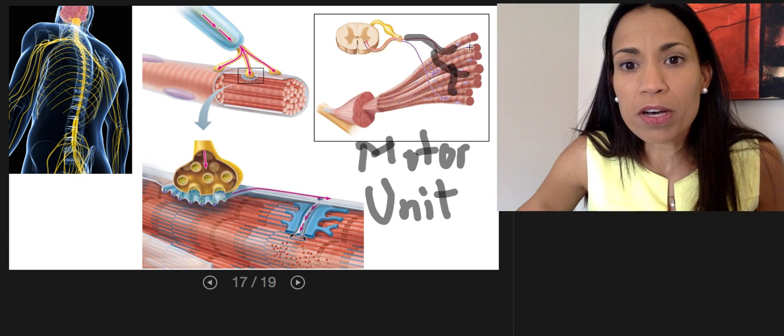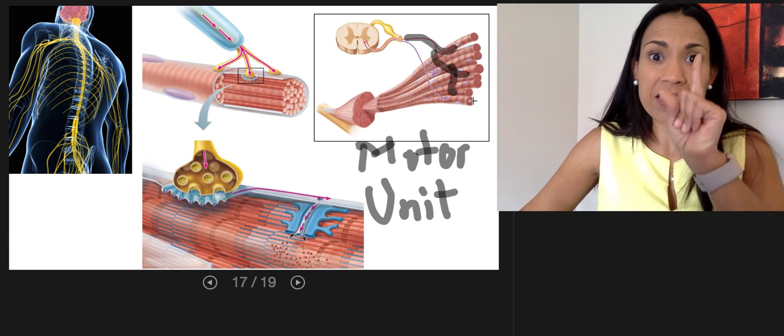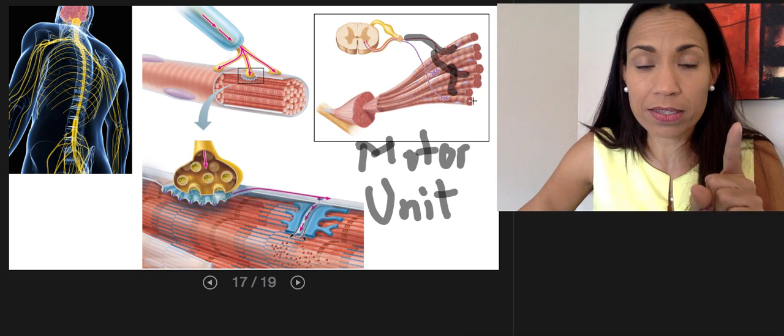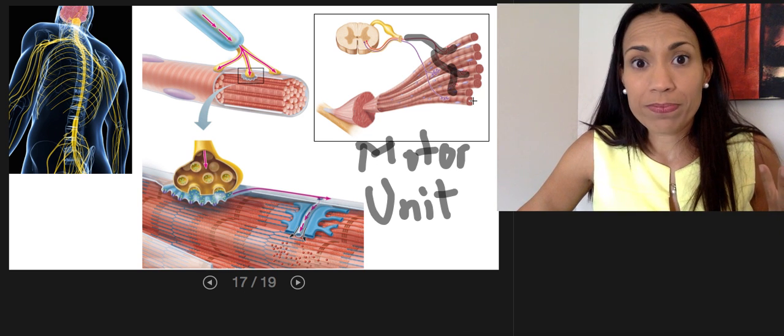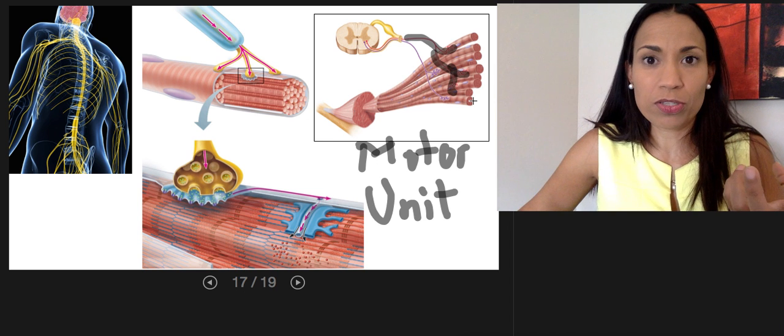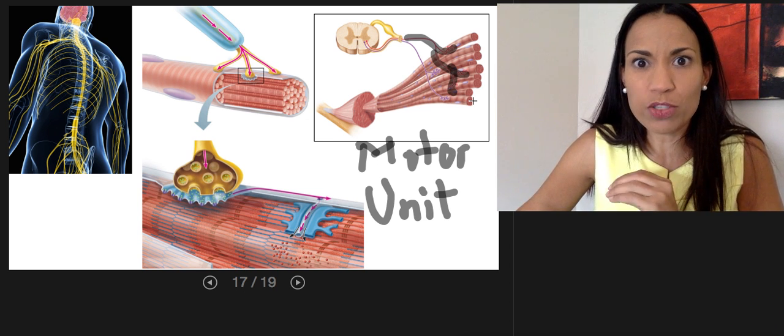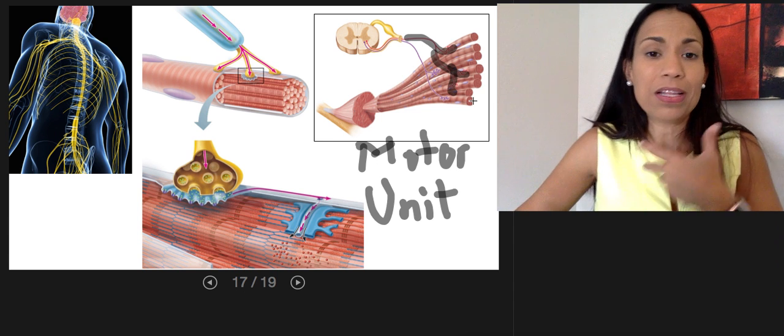The number of muscle fibers that can be activated by a single axon varies depending on the muscle and depending on the precision of the movements that we need to perform with that muscle.